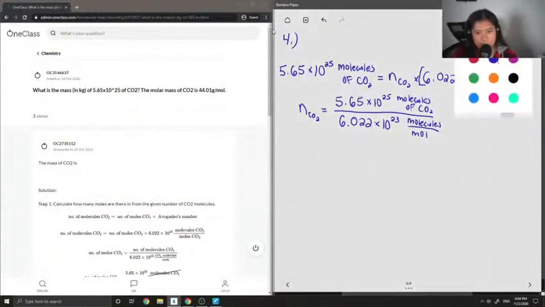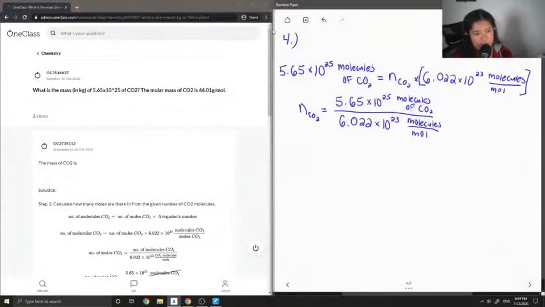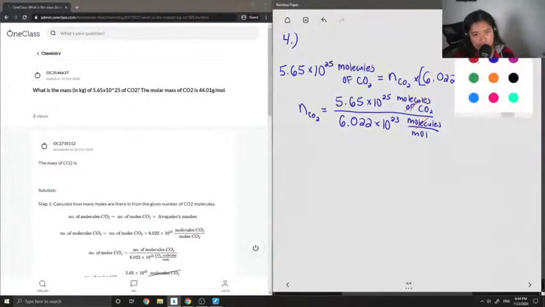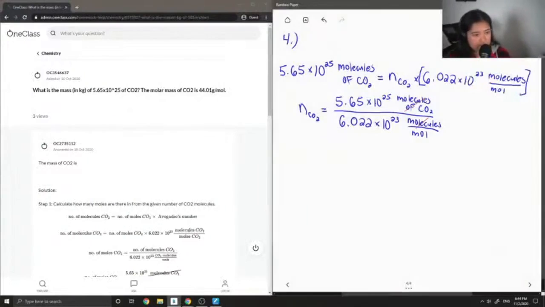And you know that you did it right if your units cancel out nicely, so our molecules will cancel out and our moles will go from the denominator to the numerator. And then we end up with a value of 93.82 moles of CO2. So that's the first part of the question. Well, first part of the answer.